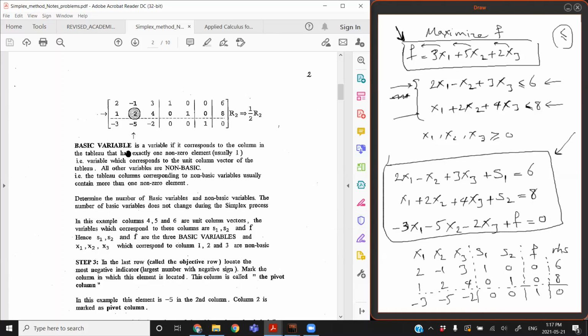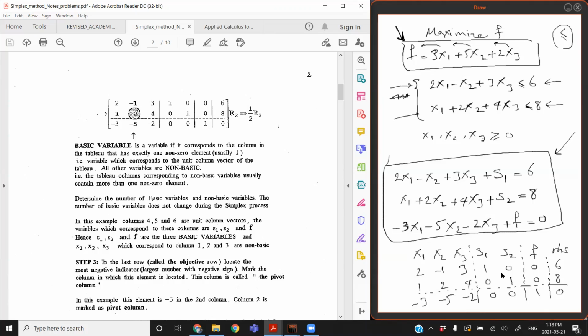So here you have the definition. A basic variable is a variable that corresponds to a column in the tableau that has exactly 1 non-zero element, usually 1, i.e. a variable which corresponds to a unit column vector of the tableau. The other variables are non-basic. So in this initial one, we have S1, S2, and F that are basic.